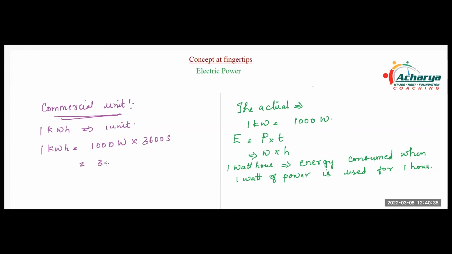We'll get 3.6 into 10 to the power of 6 watt second, which is nothing but joules. This watt second is joules. So 3.6 into 10 to the power of 6 joules.